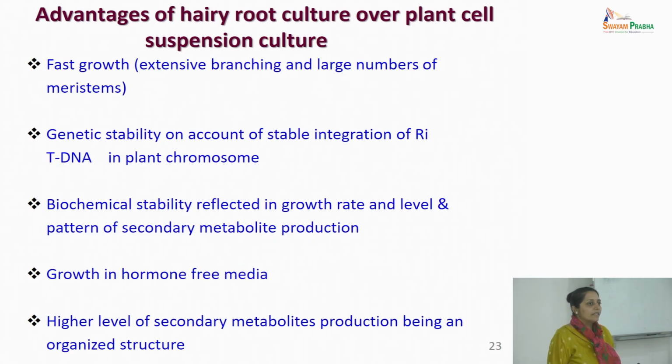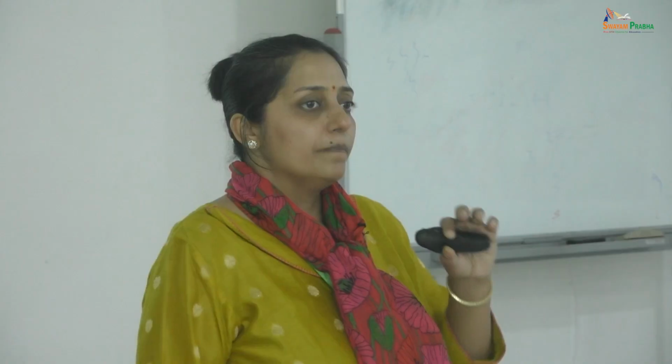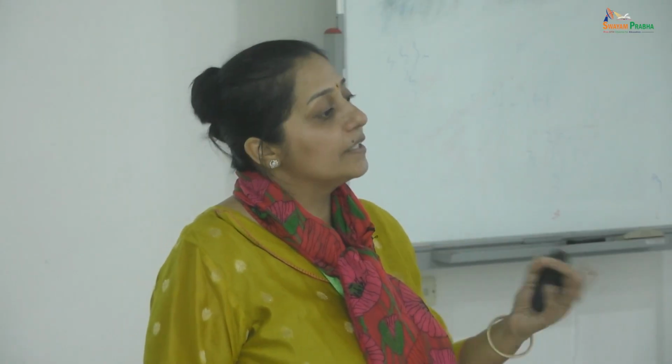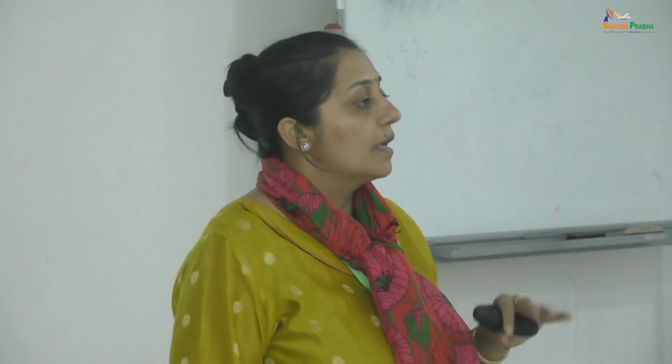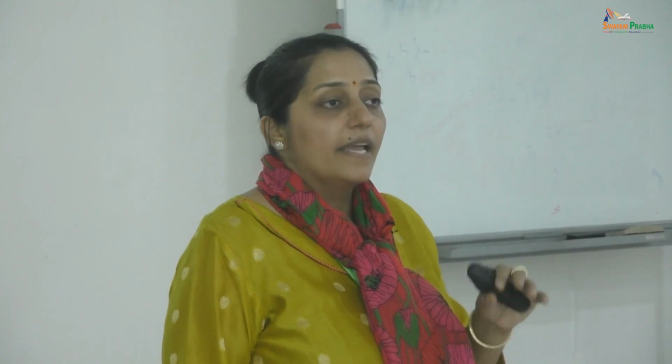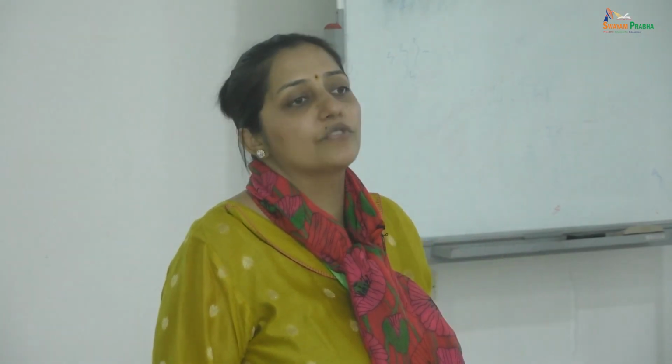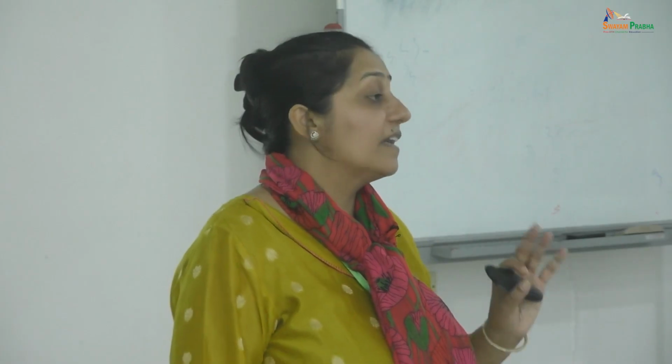So what one can do is, one can generate hairy roots and they might be able to show the expression of that secondary product. Now, either you generate an adventitious root, a normal root culture, or you develop a hairy root culture. In comparison to normal root cultures, hairy root cultures are more advantageous in many ways, because of their transformed nature, they will not require hormones in the medium to grow, which is a big advantage.